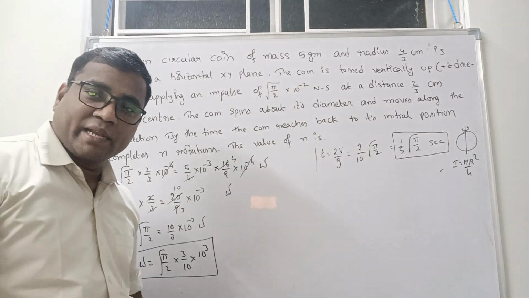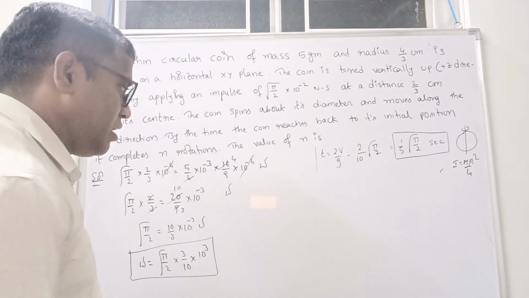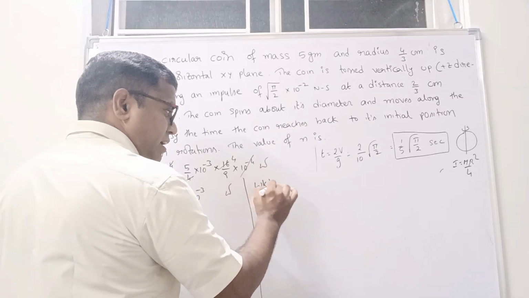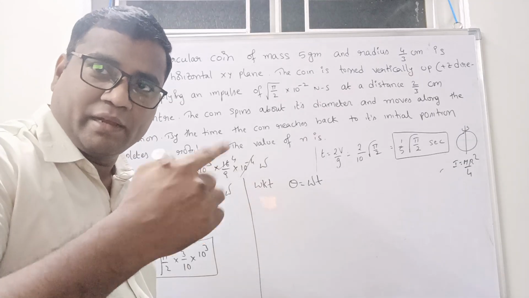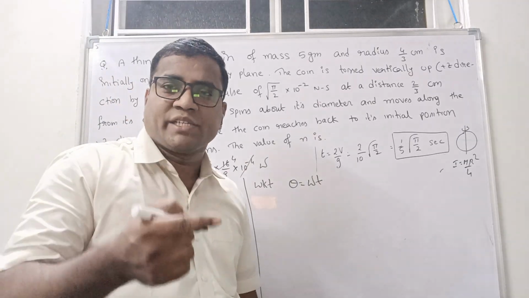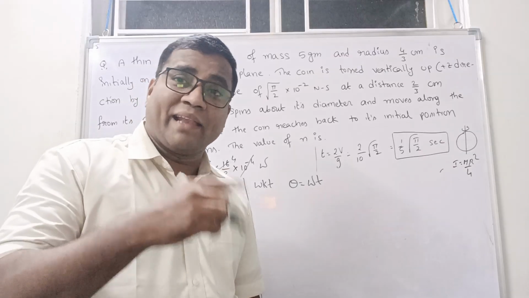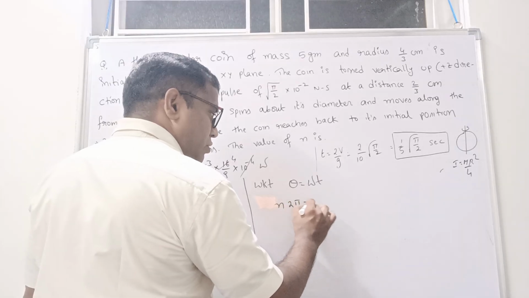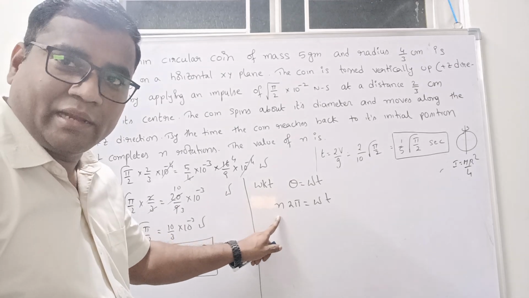So now our target is to find the number of rotations the coin did, right? So we know that theta is equal to omega t. Theta is nothing but angular displacement, right? So we know one complete rotation is 2 pi. So if n complete rotations are there, then n into 2 pi is equal to omega t. So from that I'm going to calculate the number of rotations.